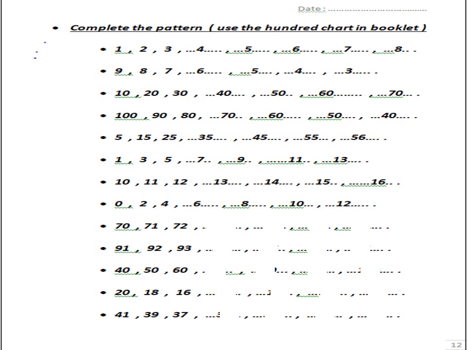70 becomes 71 and 71 becomes 72. Here we also increase by 1. After 72 it will be 73. After 73 we increase by 1 and become 74, and after 74 we increase by 1 and become 75, and after 75 increase by 1 and become 76. 91 becomes 92, and 92 becomes 93.